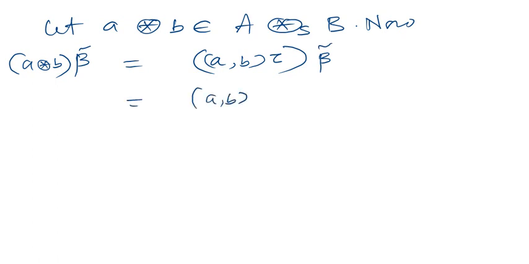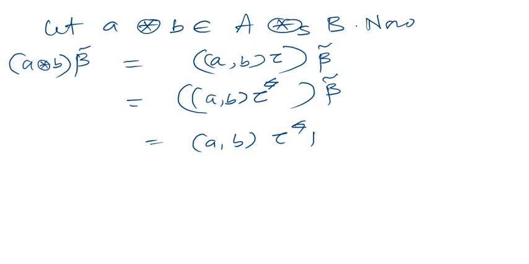What's this tau class of AB? It's actually the image of AB under tau natural beta tilde. Now by applying the composition, this is equal to AB of tau natural beta tilde, and tau natural beta tilde is beta, so it's AB of beta.